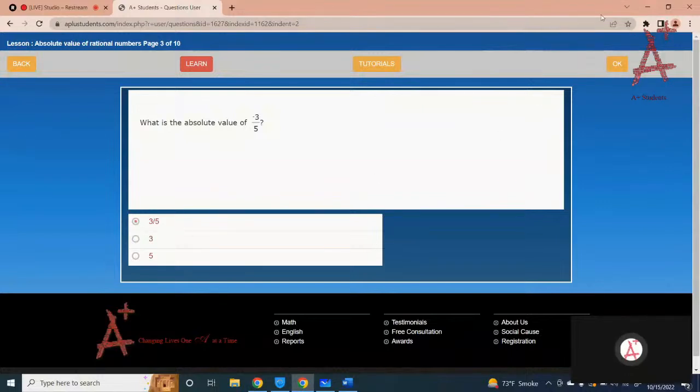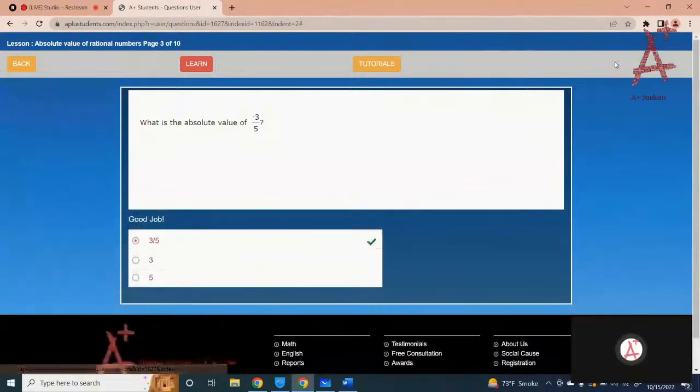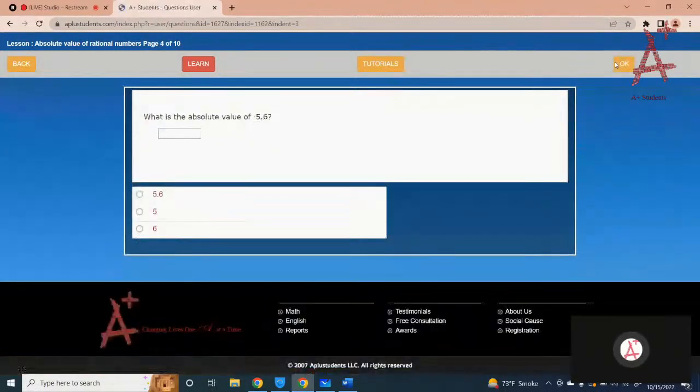Select the correct option and click on the OK button. Please communicate using the live chat option. What is the absolute value of negative 5.6? That is 5.6.